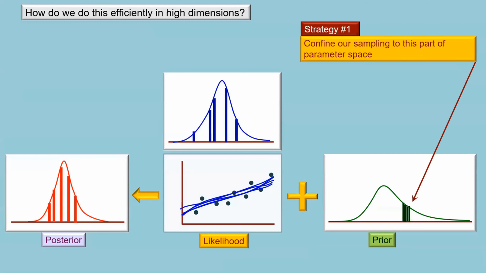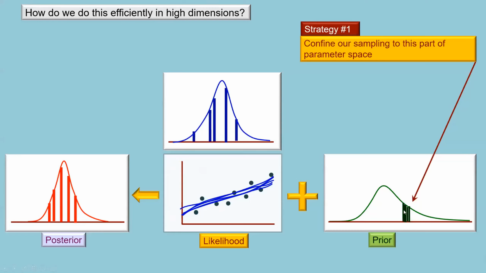Well, there's three basic strategies, and the methods we're going to talk about adopt them all to a greater or lesser extent. One is, kind of preempting the answer. We can confine our sampling to this region of parameter space, wherein the parameters do satisfy the likelihood function, the posterior parameter probability distribution.